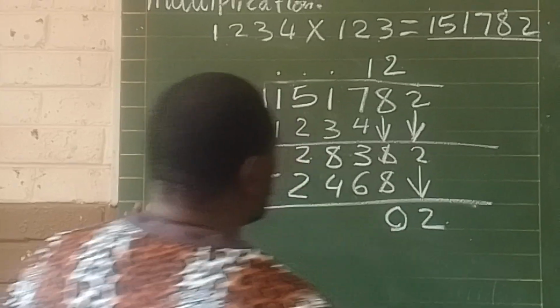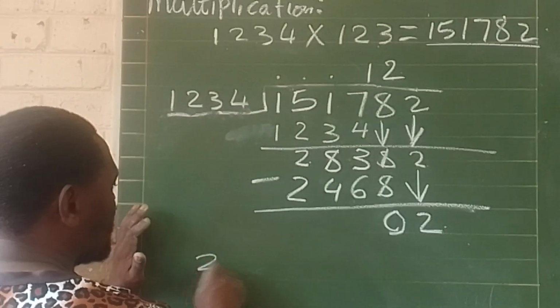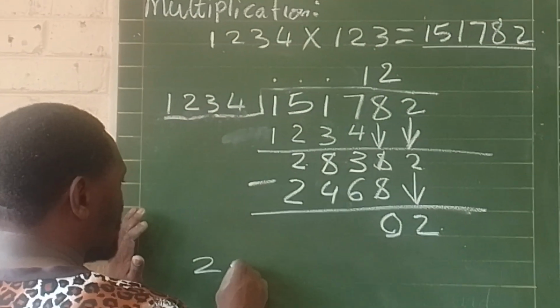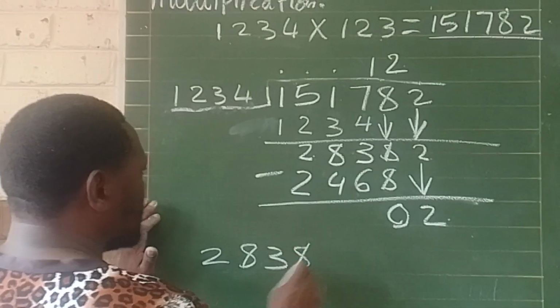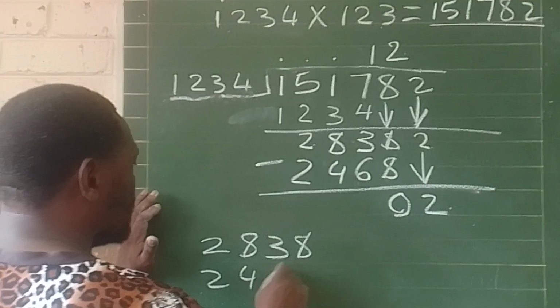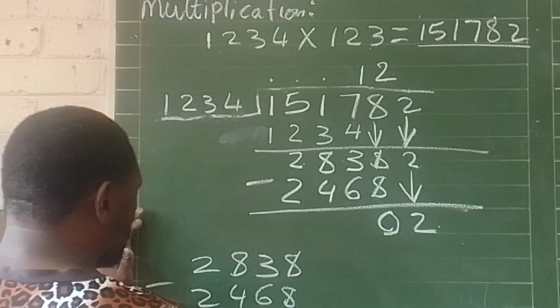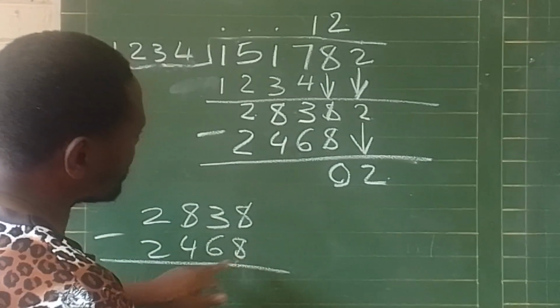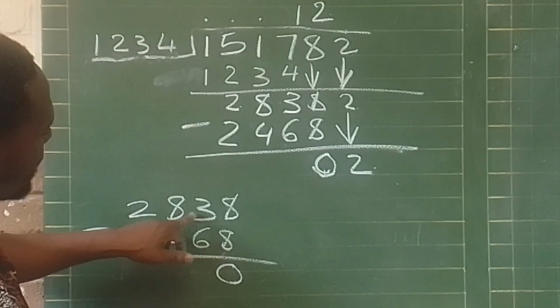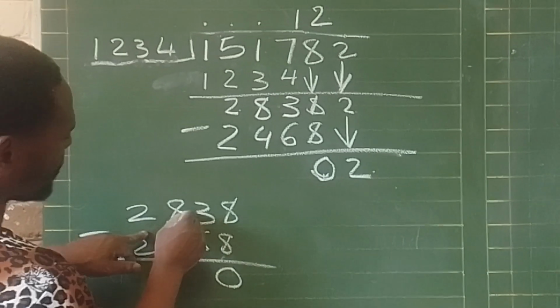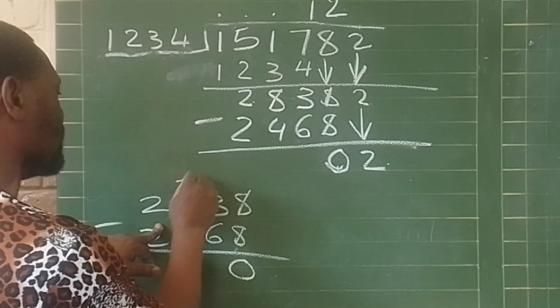Let's use this part on the other side. 2, 8, 3, 8, subtract 2, 4, 6, 8. You subtract here. 8 subtract 8 is 0. This is the 0. 3 subtract 6 is impossible. You borrow from this 8, you're left with 7.